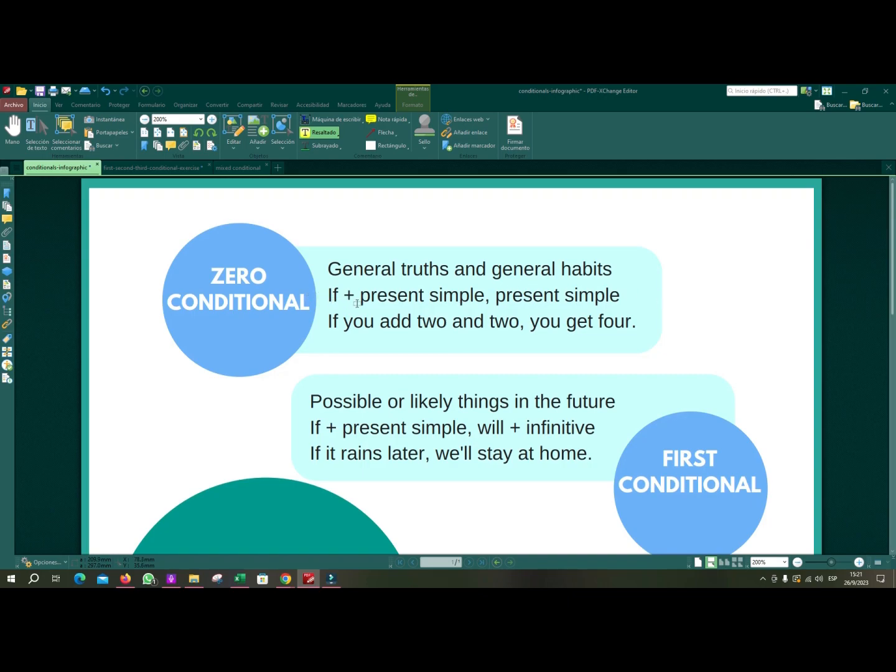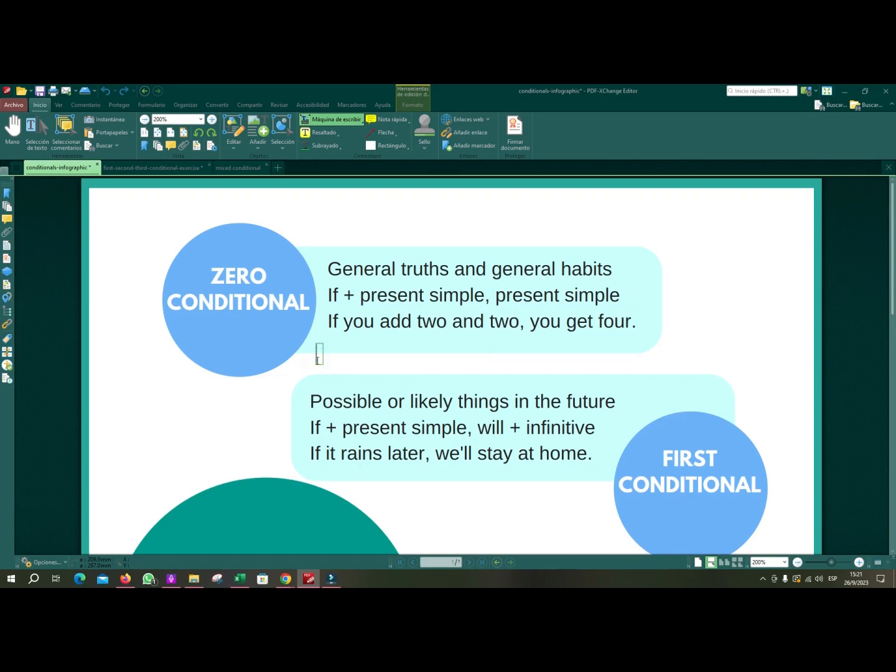So if clause plus simple present, comma, main clause simple present. For example, if you add 2 and 2, comma, you get 4. So there you have a zero conditional example, right?